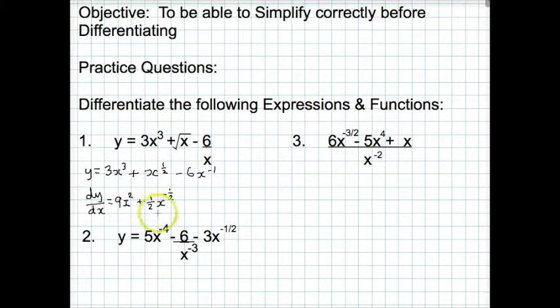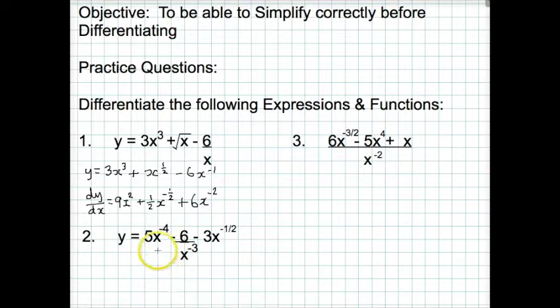You could just write this as x over 2 to the negative a half. And then the last one, negative 1 times negative 6 gives us a positive 6, and reduce the power by 1 goes to the negative 2.